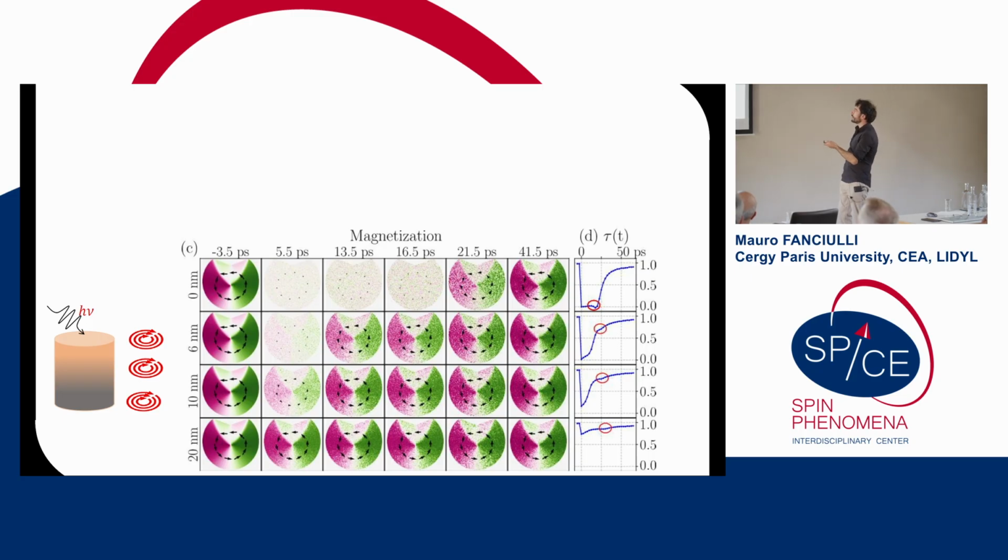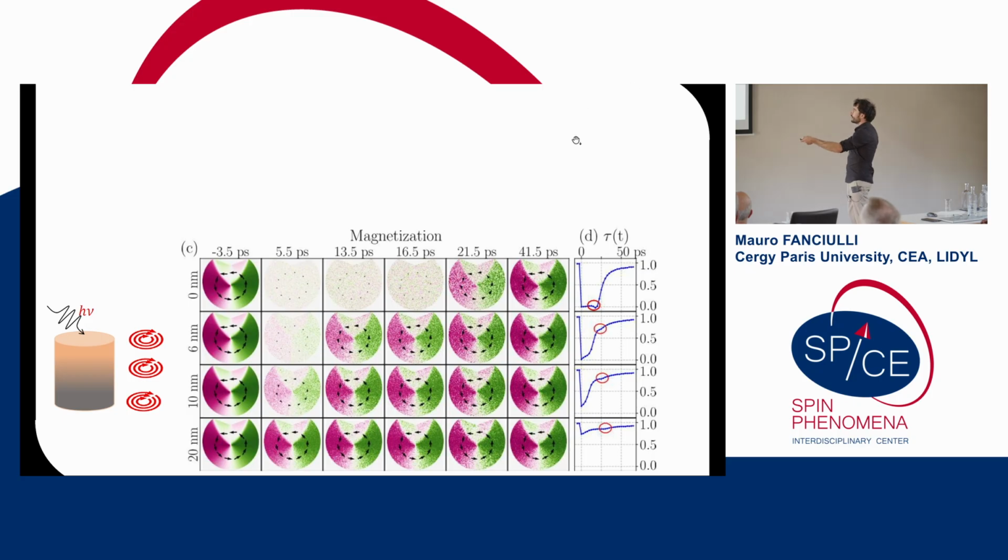So in here, it's plotted the Y component of the magnetization in pink and green scale, and then also the vortex for each layer and as a function of time for selected points. And as you can see, of course, the time 0, as I said, is completely demagnetized at the surface and less towards the bottom, towards the bulk, and then this recovers as a function of time.